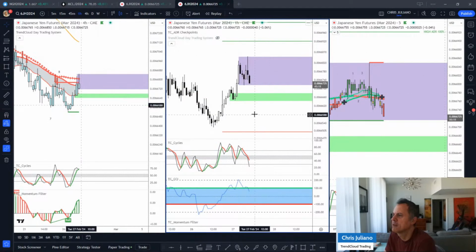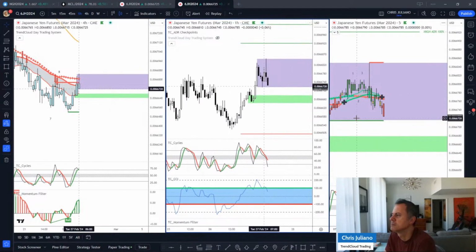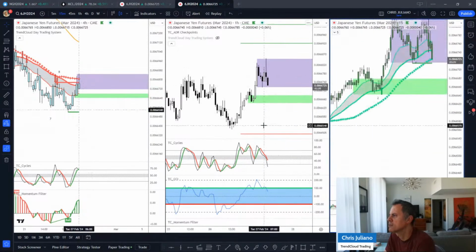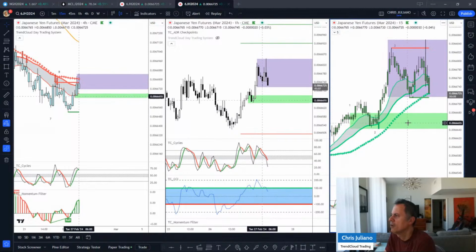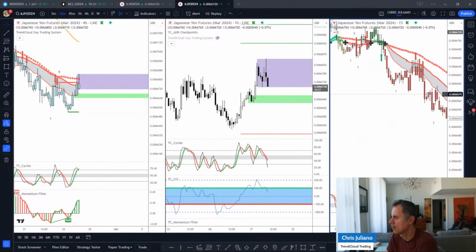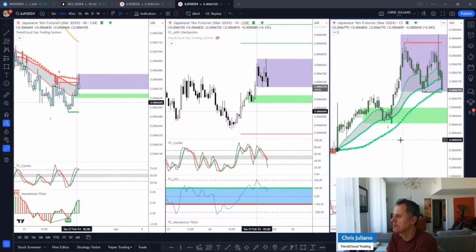Drop base rally. 15-minute chart. What's it look like? All right, so we're going to be retesting the TrendCloud signal.